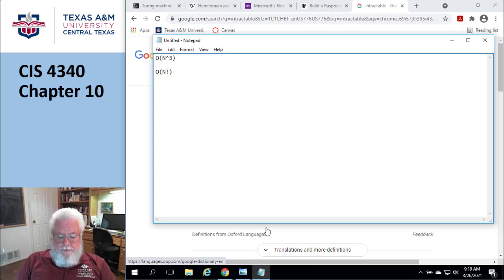So one more time, here's an easy one to get your head around. Let's say you've got a stopwatch and you're timing something with 10 items, and it took 1,000 seconds to do 10 items. Great, and then I put 11 items in there, and it says it's going to take 200,000 seconds to process that. Wow.